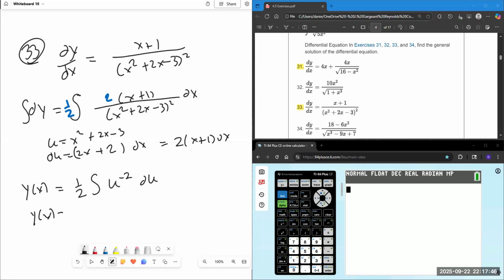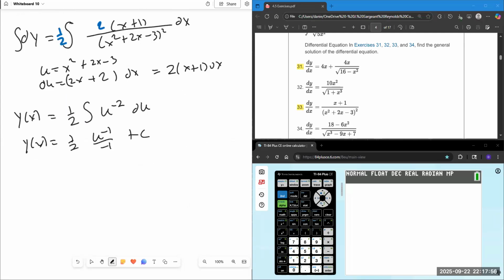Y of x is 1/2 u to the negative first over negative 1 plus c, which is y of x is negative 1 over 2u plus c, negative 1 over 2 times x squared plus 2x minus 3, plus c.